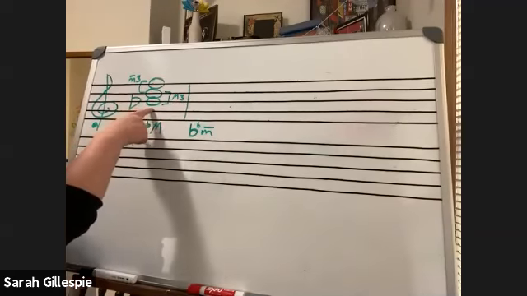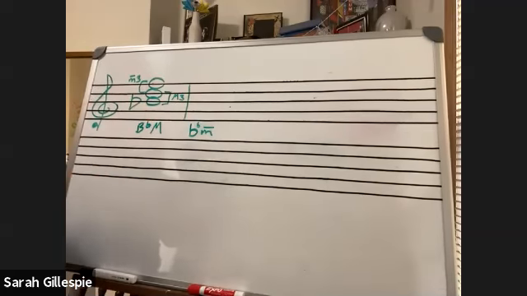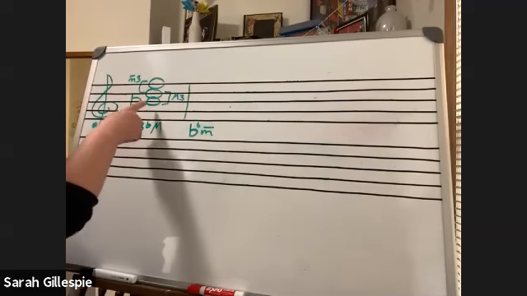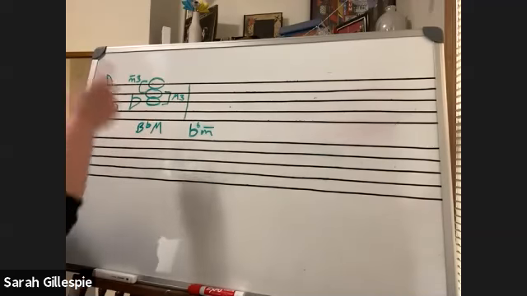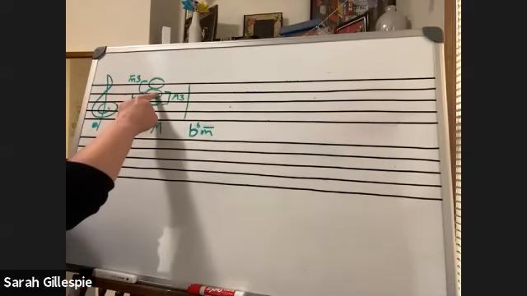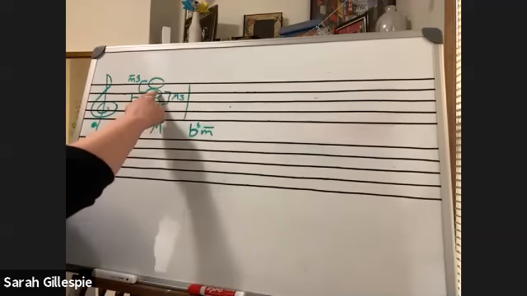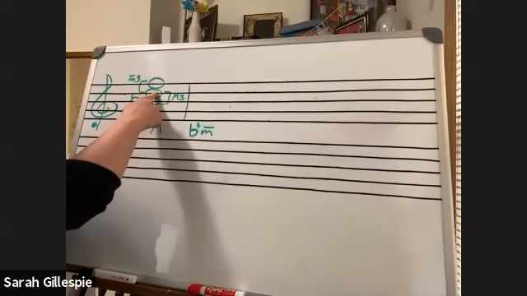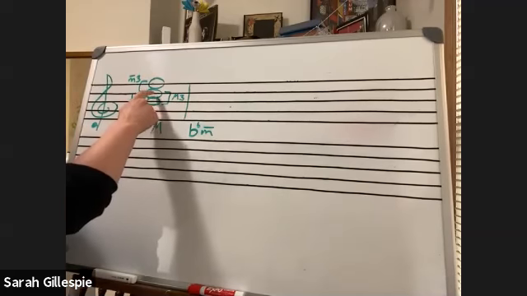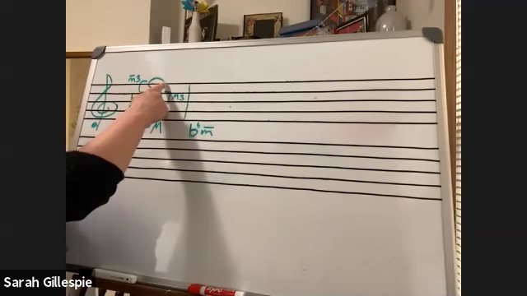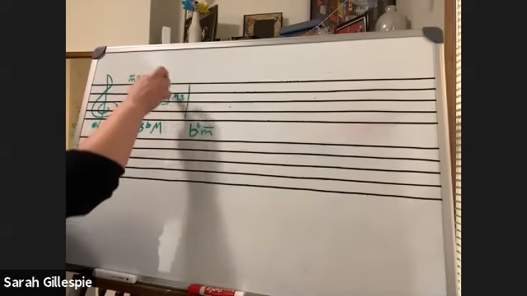So for instance, if we know that our B flat major scale has 2 flats, and we know that they're B flat and E flat, we know that the D has to be a D natural. Then if we think about from D to F, if we know that D minor has 1 flat and it is a B flat, then we know that D to F natural would have to be the minor third.